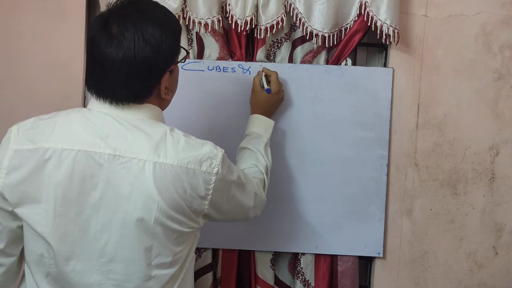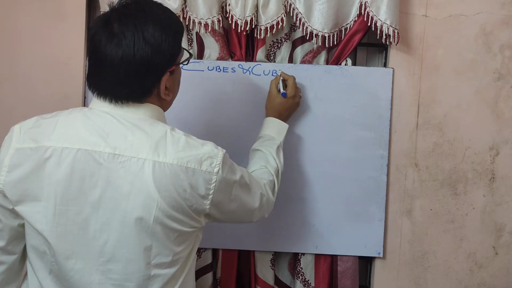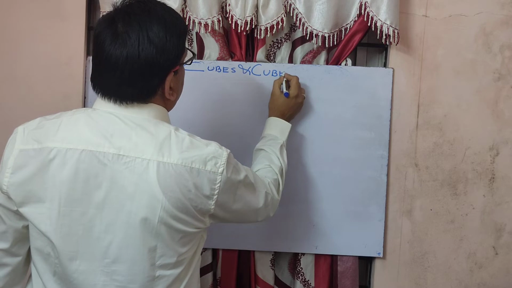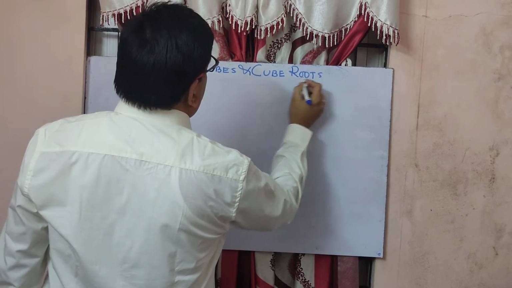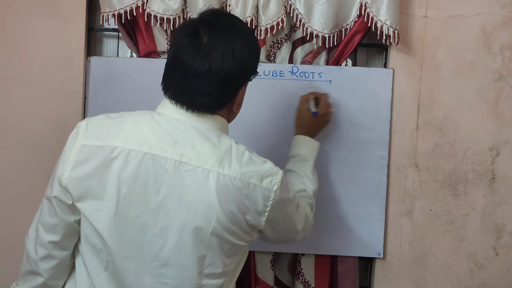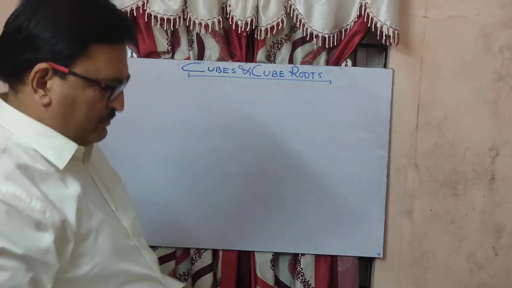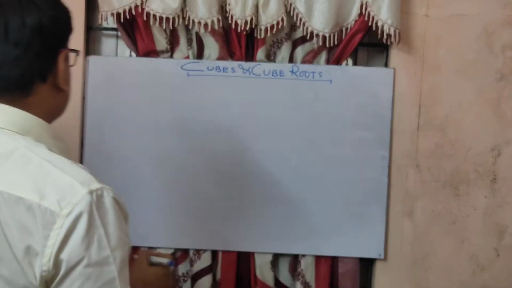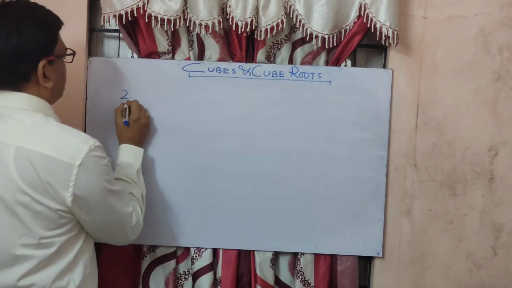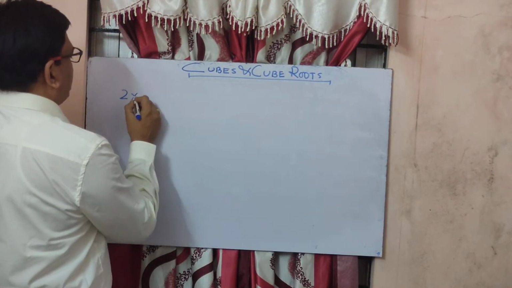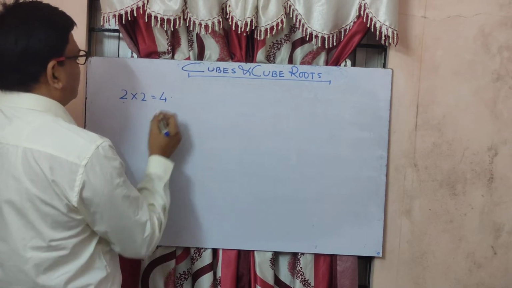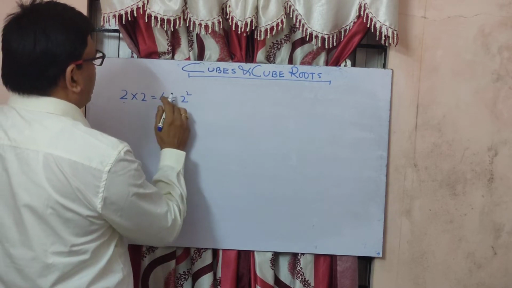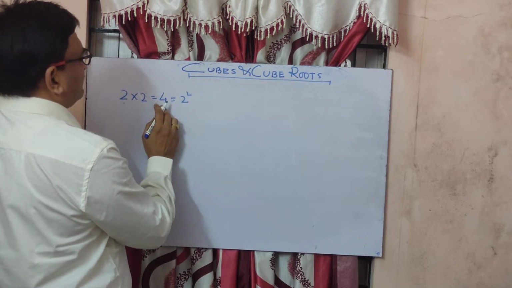For example, what you did for squares and square roots: 2 twos are 4. This is a square, the square of 2. 4 is the square of 2.